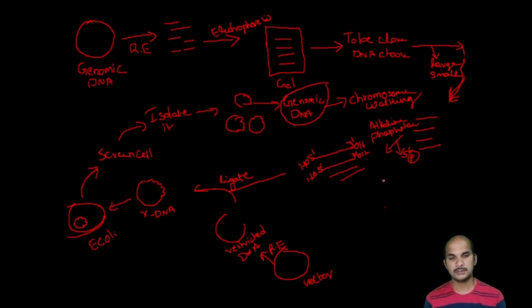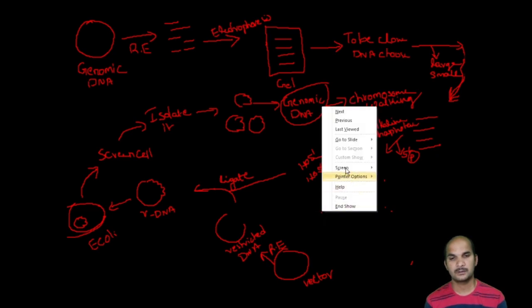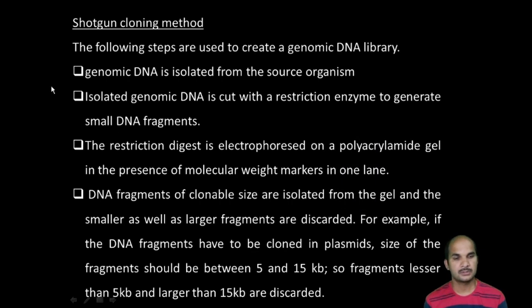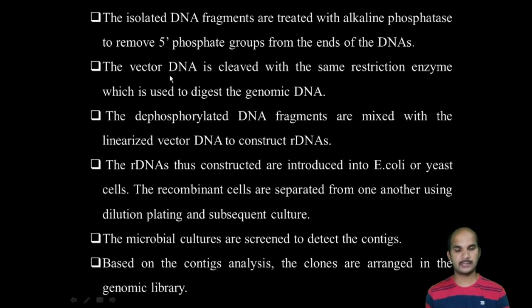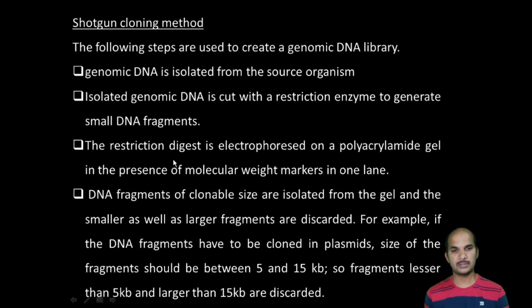Coming to the shotgun cloning method, the steps are as follows. First, genomic DNA is isolated from the source organism.